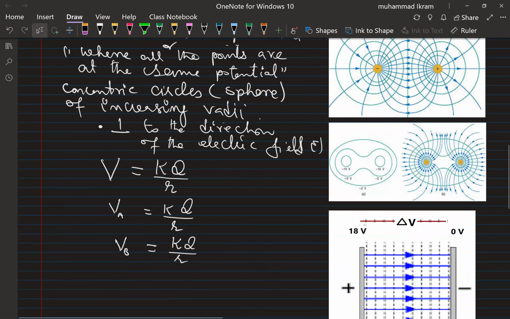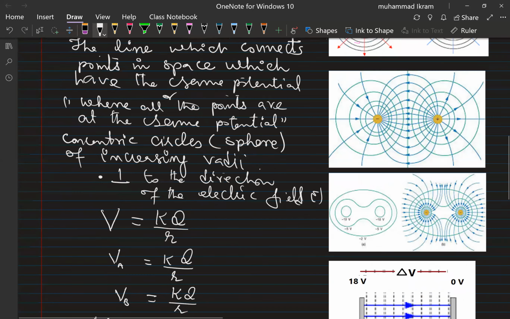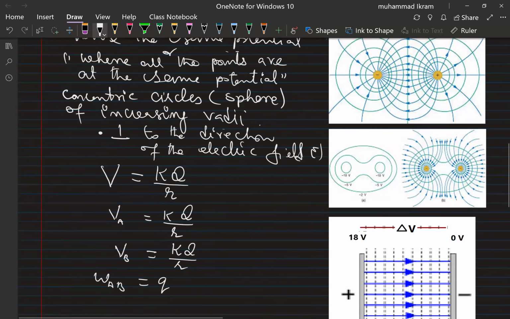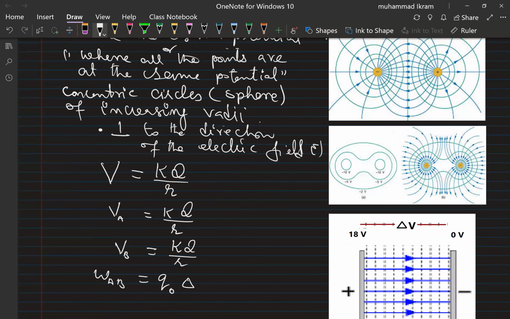Why? Because we know the work done from A to B. If you have the test charge Q naught and you want to move it, the work done is equal to Q naught times delta V, where delta V is VA minus VB.